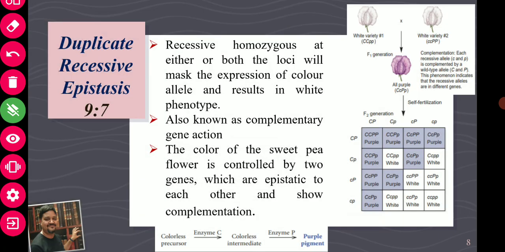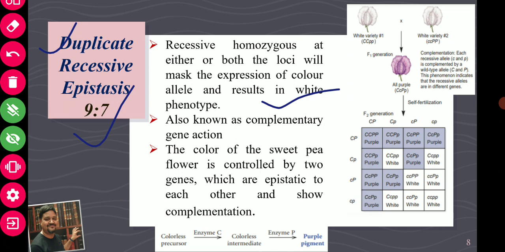Now, another epistasis is duplicate recessive epistasis. It is similar to duplicate dominant epistasis. Here, in duplicate recessive epistasis, the recessive homozygous at either or both loci will mask the expression of the colored allele and result in white phenotype. Here I could not find an example from the animal side, so I have taken it from the plant, that is sweet pea.